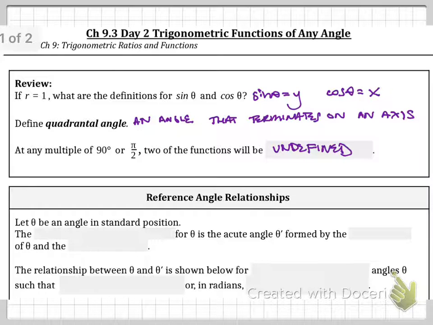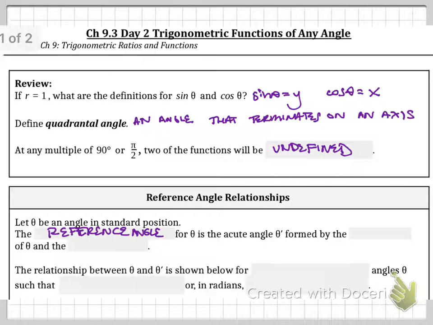So reference angle relationships. Let theta be an angle in standard position. The reference angle for theta is the acute angle theta prime, and this little apostrophe there is just prime.